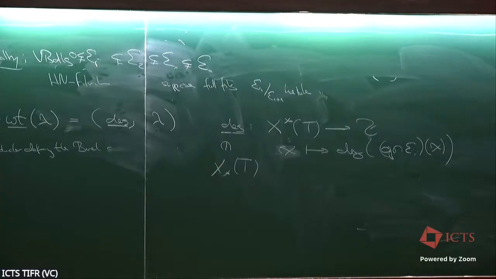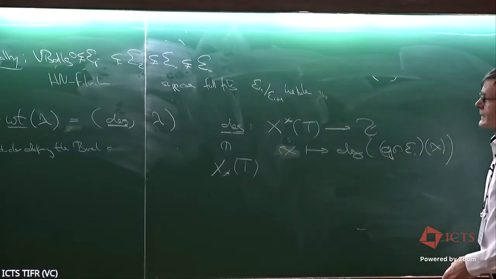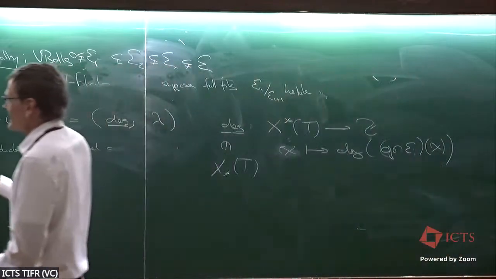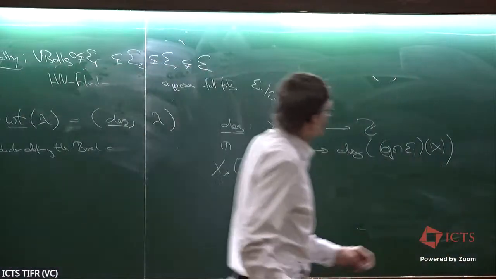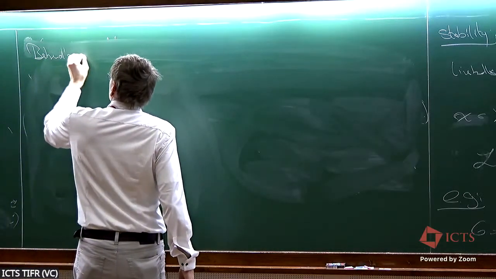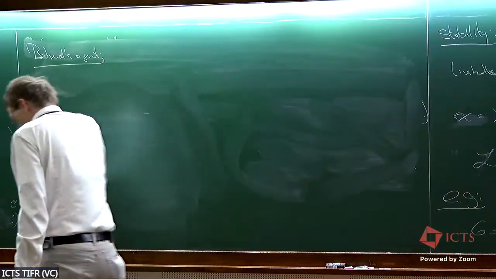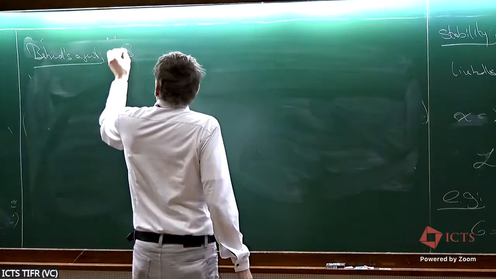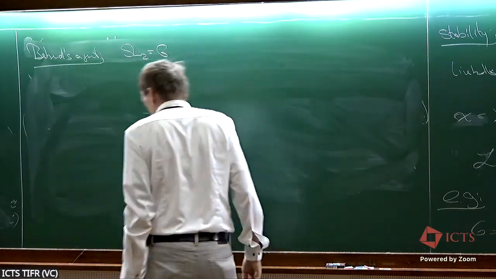And if I understand this correctly, the main computational input in this proof from Behrend's argument is for me the following. You take the stupid case, you start with the group to be SL2.